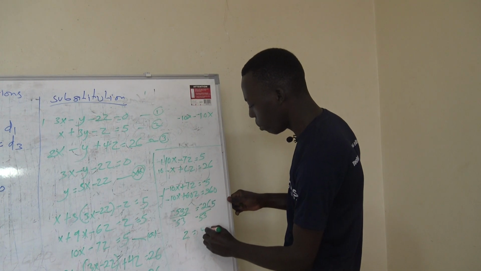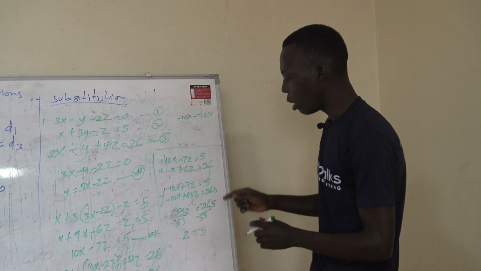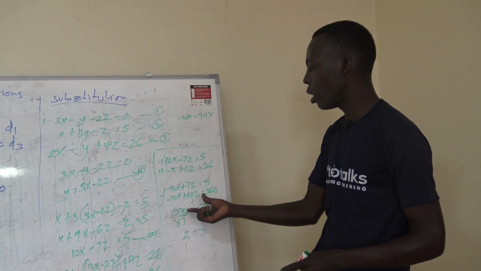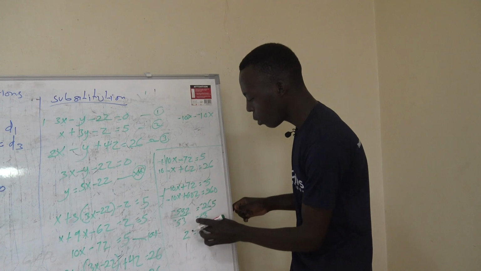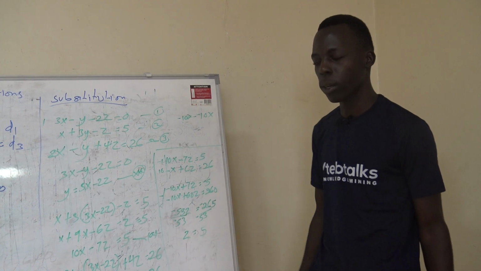So our z will be 5. Since the negative and negative cancel, we shall have a positive 5 as our z.